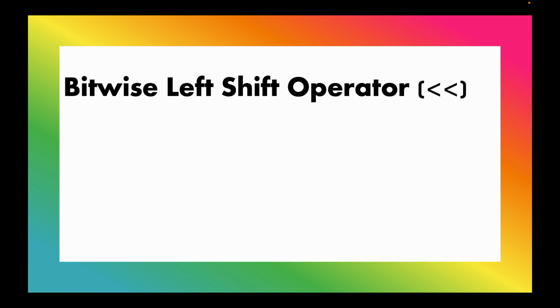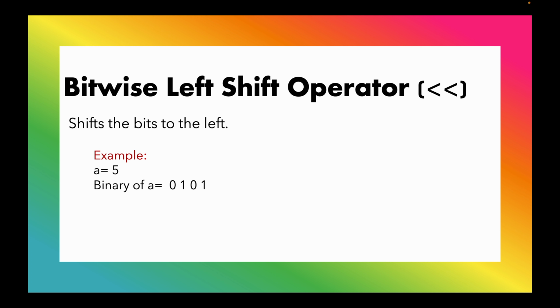The last bitwise operator is the left shift operator, and it shifts the bits to the left. For example, a equals 5 and binary of a equals 0101, and if we want to shift the bits by 1 bit, then it equals 1010, and the decimal equivalent of 1010 is 10.